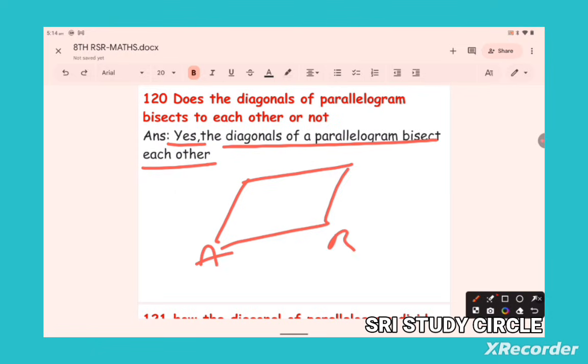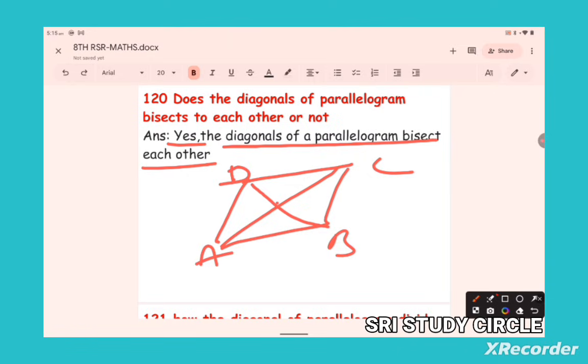Suppose ABCD is a parallelogram. AC is a diagonal, BD is a diagonal. Here the diagonals AC and BD bisect each other. That means diagonal AC can bisect BD, that is, divide it into two equal parts.